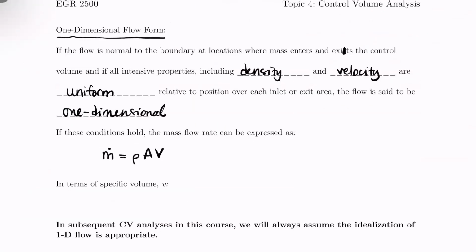I'll write that down just in case. m dot equals the integral of rho Vn dA.